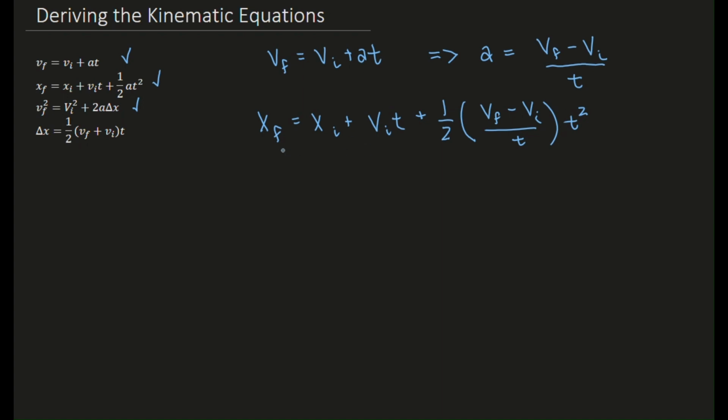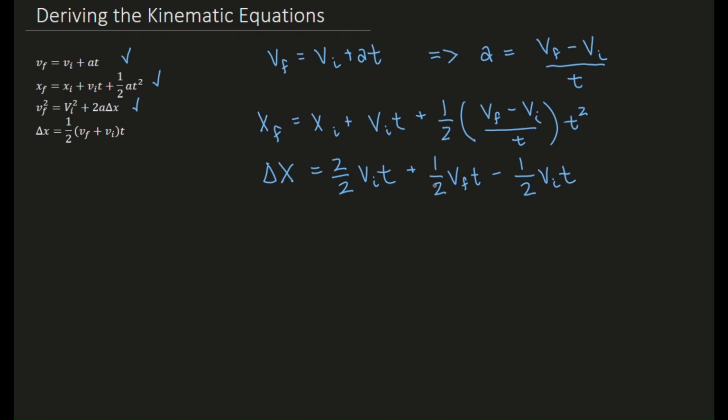And if I do some simplification, I can get change in position equaling, and I'm going to write this as 2 over 2, my initial velocity times time, plus 1/2 final velocity times time, minus 1/2 initial velocity times time.